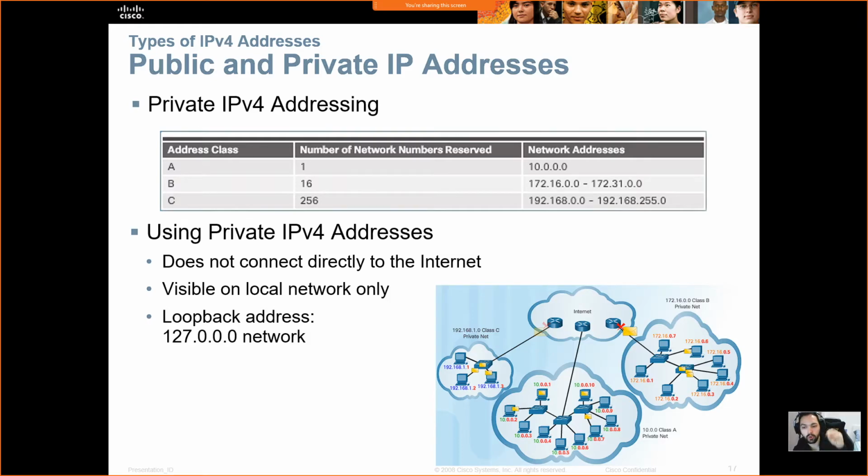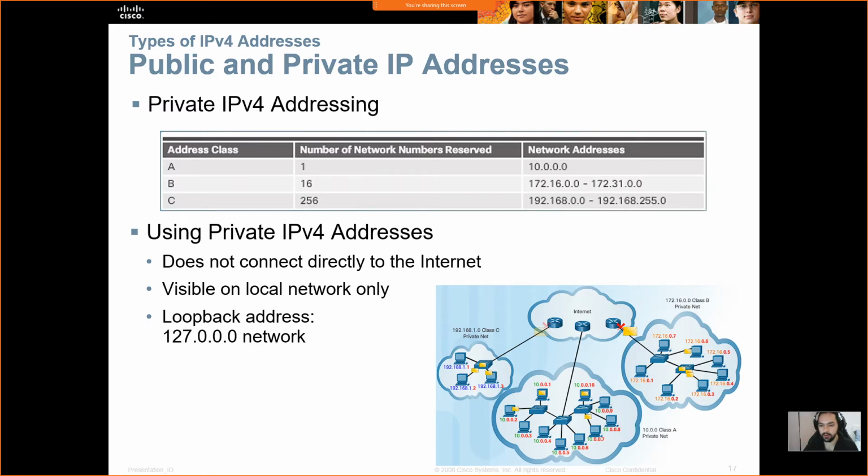Your router, your multi-purpose device, we talked about this already, actually has a public address when it connects to the outside world. And this translation from a private address to a public address so that you are able to reach the internet is network address translation. So it uses NAT.